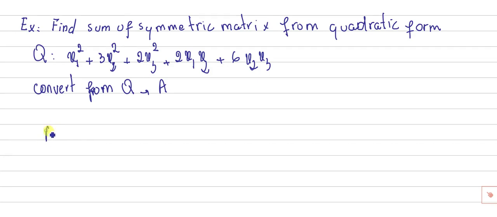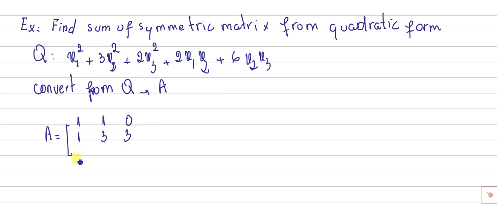So I got matrix A. Matrix A is equal to, this one is 1, 1 and 2 is 1, 1, 3 is 0. 2, 1 is 1, 2, 2 is 3, 2, 3 is 3.